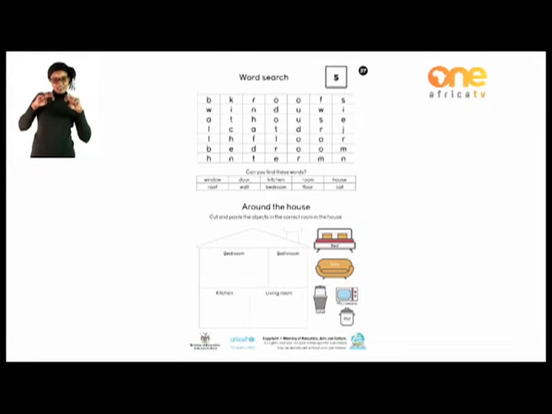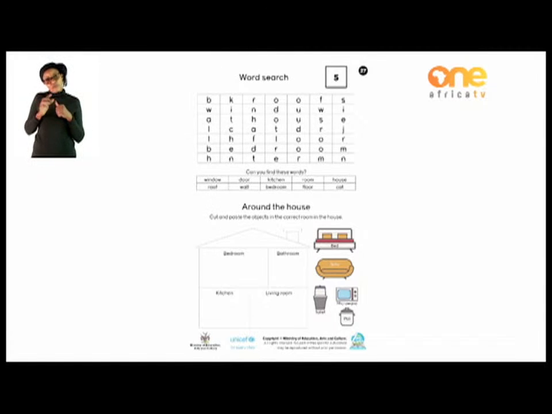Word search means you have to search for a specific word in the blocks that they give there. Can you find these words? Now let's look at the small blocks under there. We have to find the following words in the blocks on top.